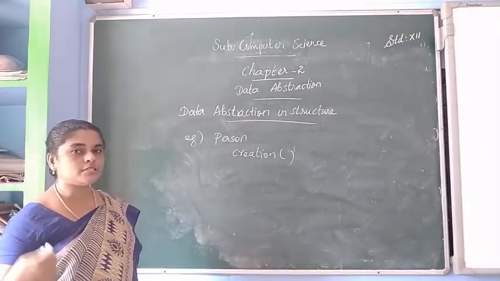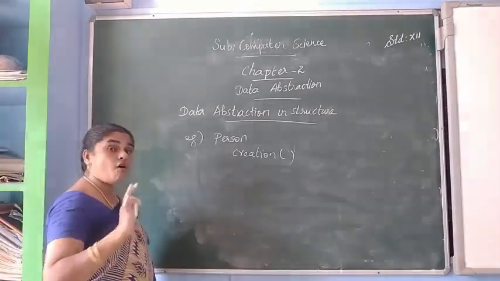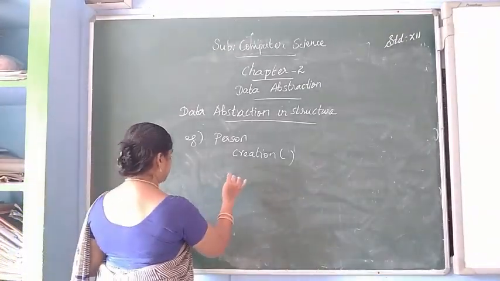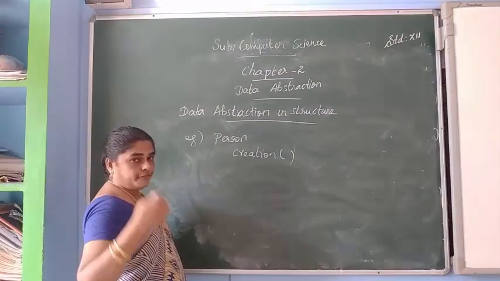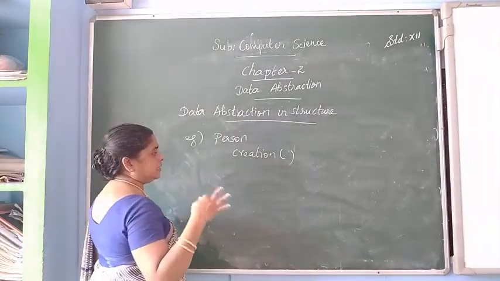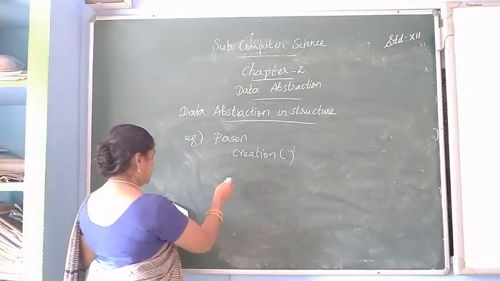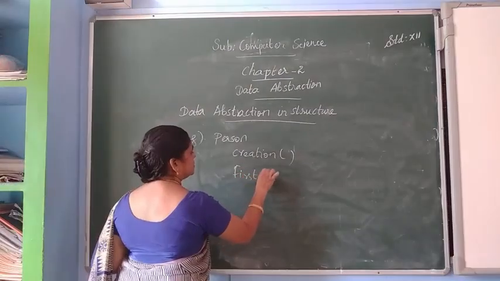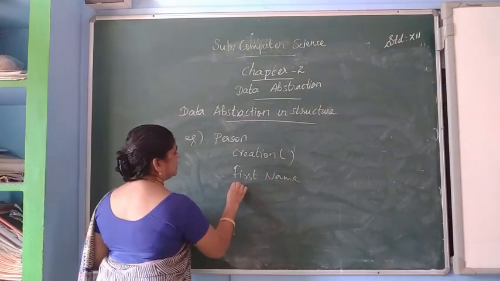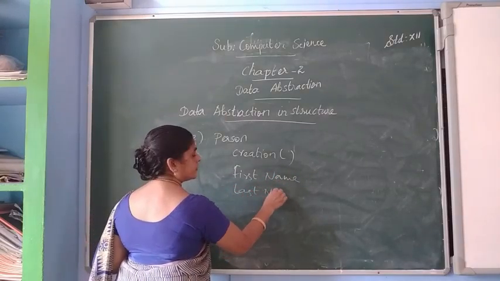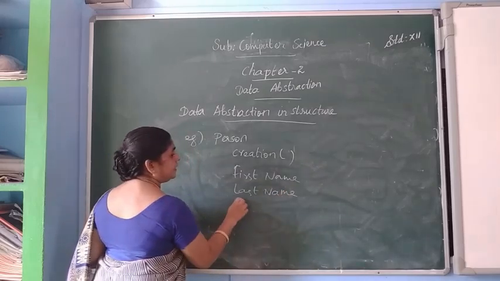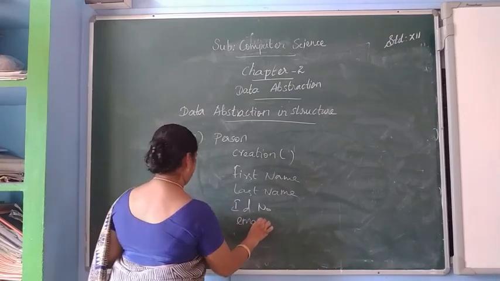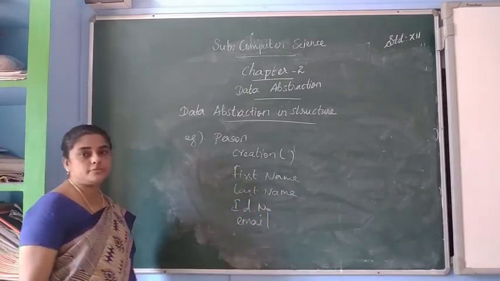Like that many details will be there for a person. So these all are given inside a structure. Okay. Then after creation we have to give the field names. What information do we need? We have to give first name, then last name, then ID number, then email. Like this, many values will be there.